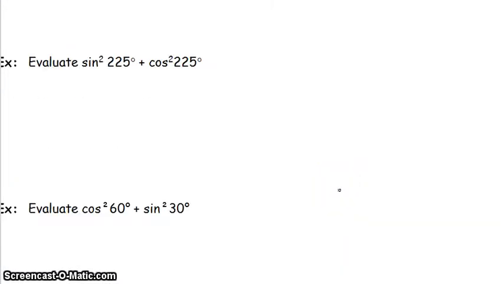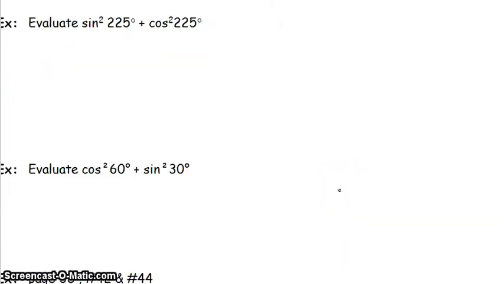So what you have to worry about is when you deal with things that are in different quadrants and you're asked to square them. This is like saying, well, sine of 225 degrees, that's in this quadrant, but really it's 180 plus another 45.